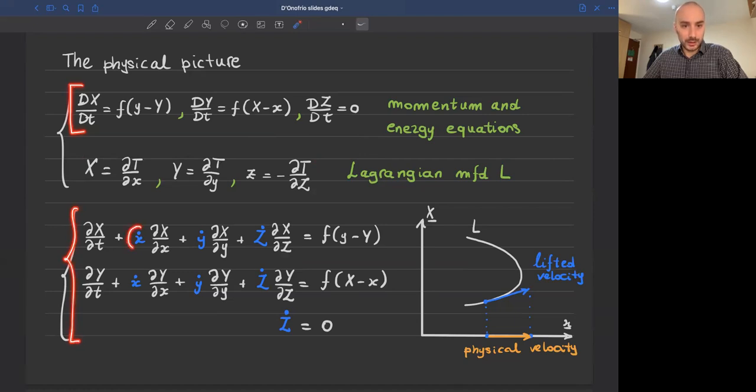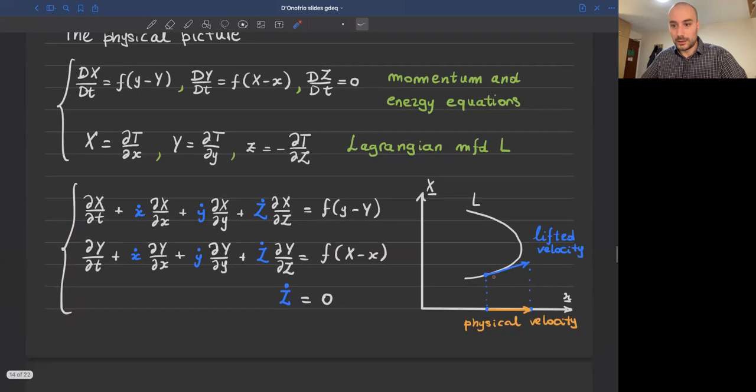And our unknowns are going to be these blue variables, X dot, Y dot, and capital Z dot, which represent the lifted velocity field on L, this blue arrow.